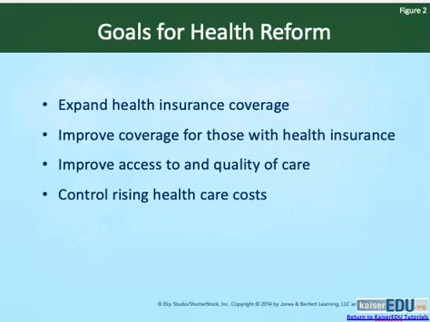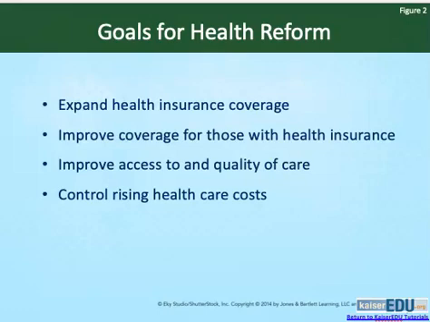There are so many proposed solutions. We don't agree on all solutions, but the fact is this law has overarching goals, and it's to address all those fundamental problems that I have just mentioned. So the goals cover four key areas. The first is expanding coverage to the millions of Americans who don't have it today.